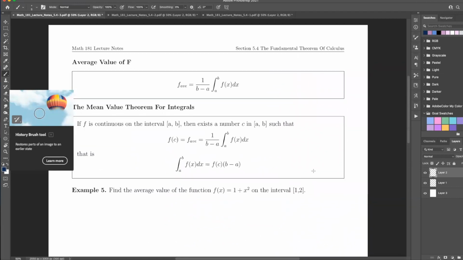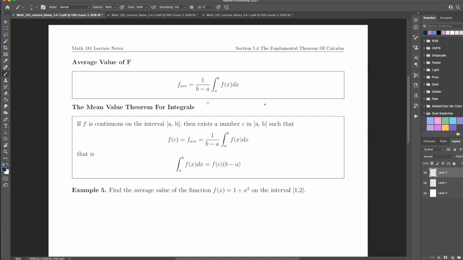All right, so here we have f average, the average value of that. And so basically you integrate everything and then you divide by b minus a. They add this in the section, not positive why they put it here, but they have to put it somewhere.